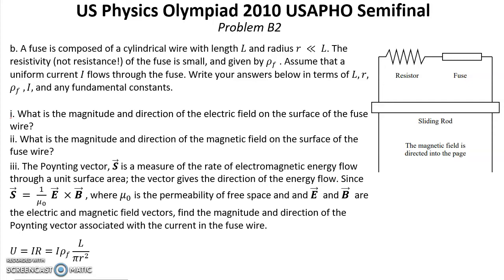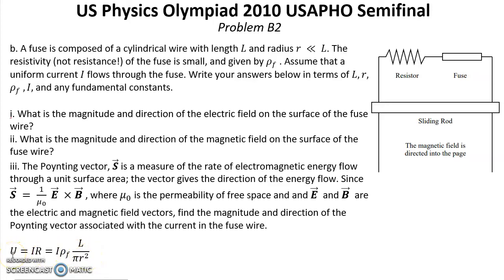The potential difference between the ends of this fuse, U, equals the current multiplied by the resistance of this fuse. But the resistance equals the resistivity multiplied by length L and divided by the area of cross section, which is pi r squared.